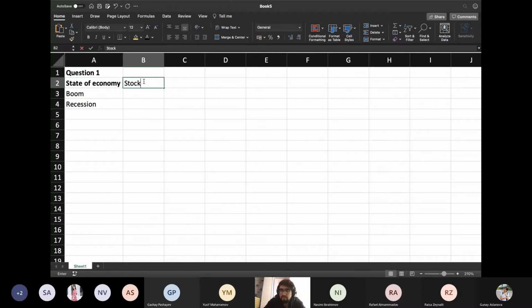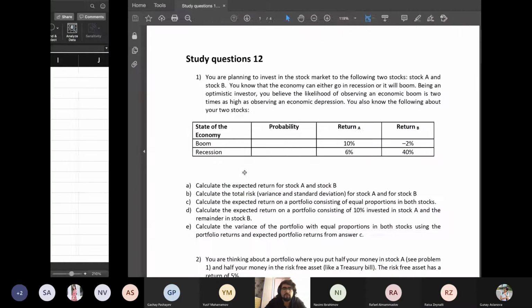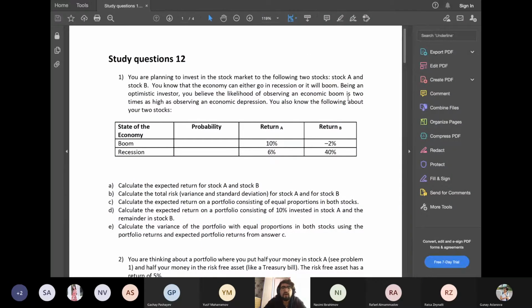We have stock A, return A, and return B. Return A is 10% in boom, and in recession it is 6%. Return B in the boom case is minus 2%, in recession 40%. Let me check it's true. Yes, it's true. We also know that the likelihood of an economic boom is 2 times as high as an economic depression.